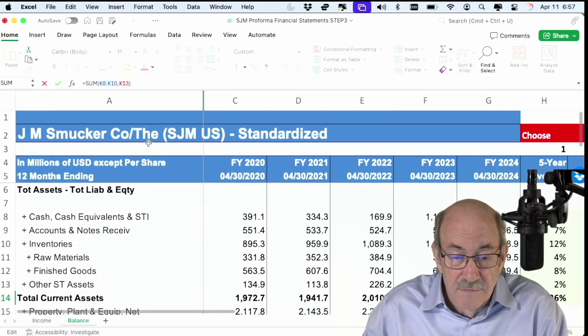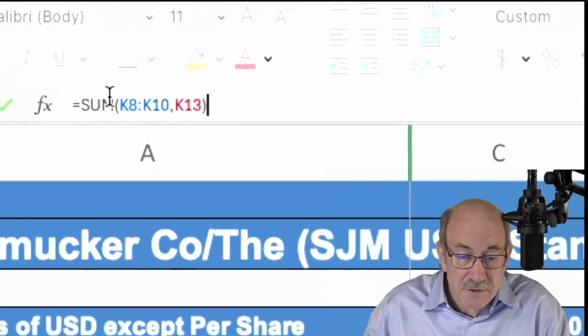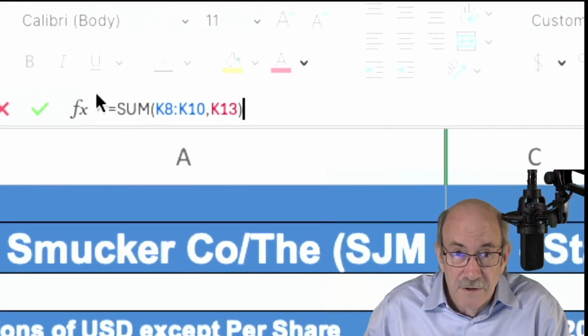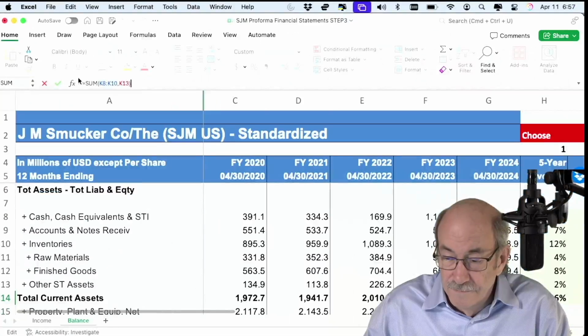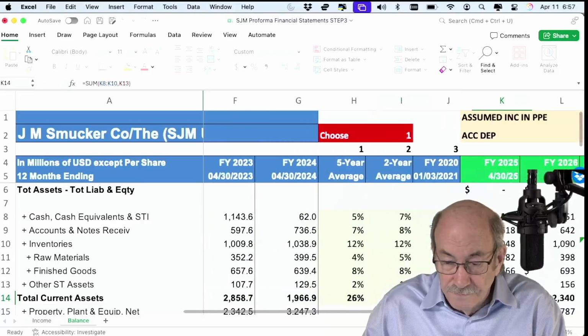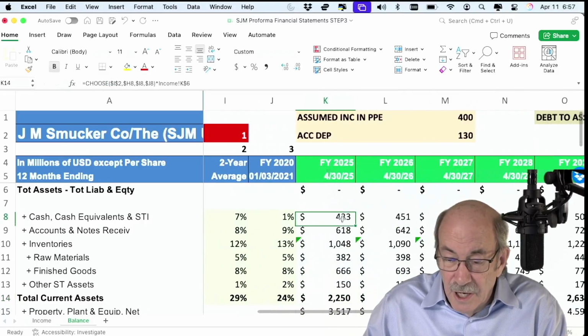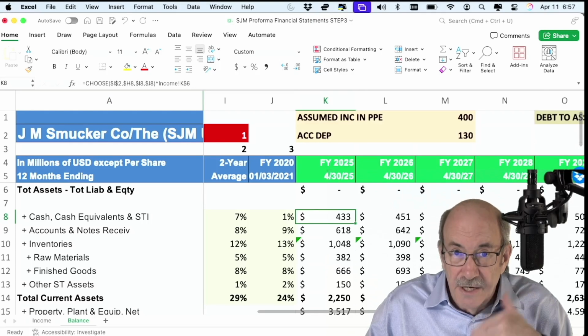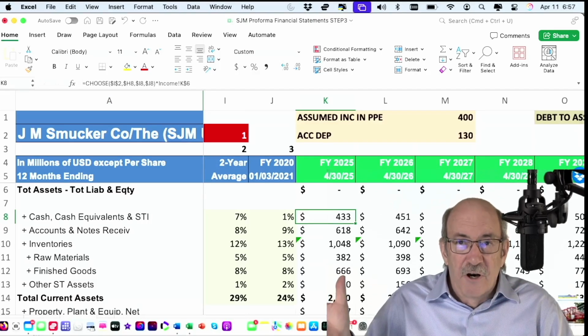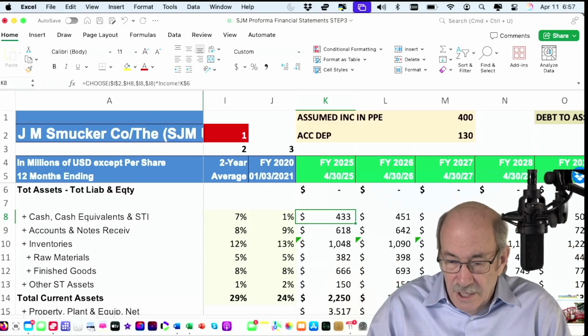Here's the formula for that. All right. And again, I've done this such that I can just drag right, drag down. I've done all 5 years, and I've done all accounts this way.